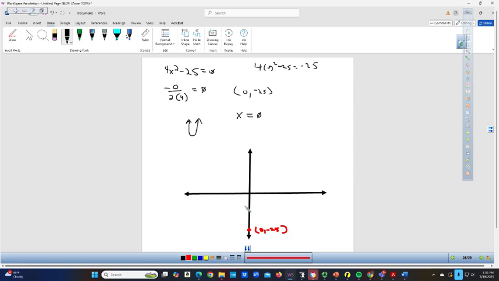And then we said our x-intercepts were (negative 2.5, 0) and (positive 2.5, 0). Right? And then again, using technology, this will look a lot cleaner and a lot better. But our parabola is roughly going to look like so.